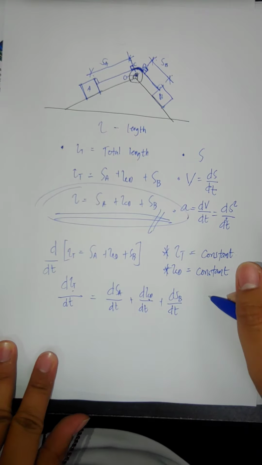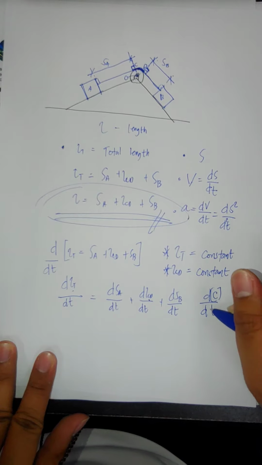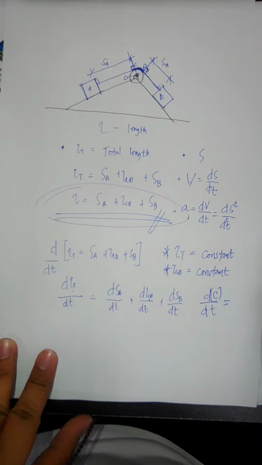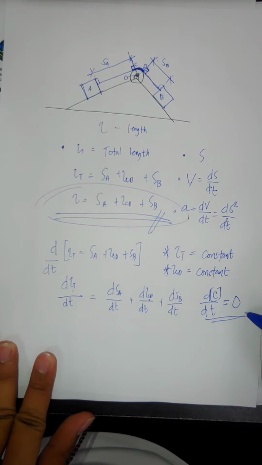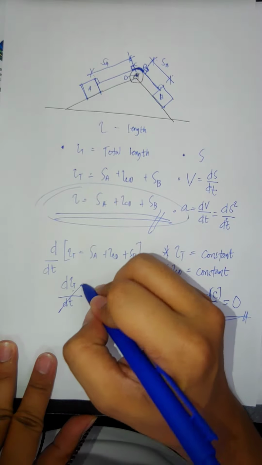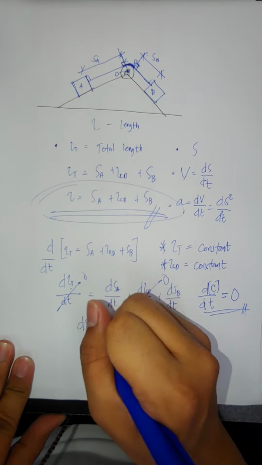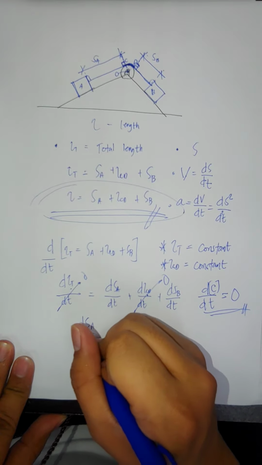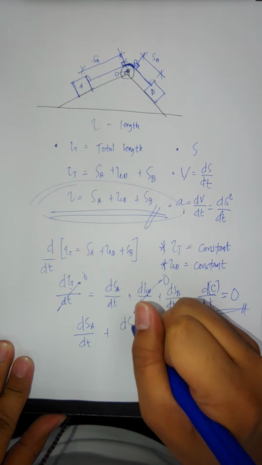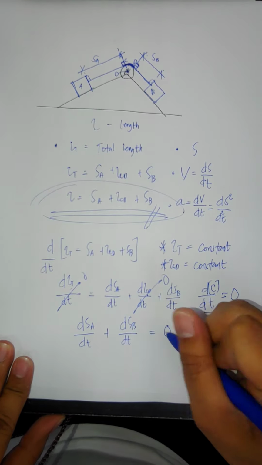And we know that derivative of any constant with respect to any independent expression is always equal to 0. So this is 0. This is just 0. So we can rewrite the whole equation as the derivative of S sub A with respect to time plus derivative of S sub B with respect to time is equal to 0.